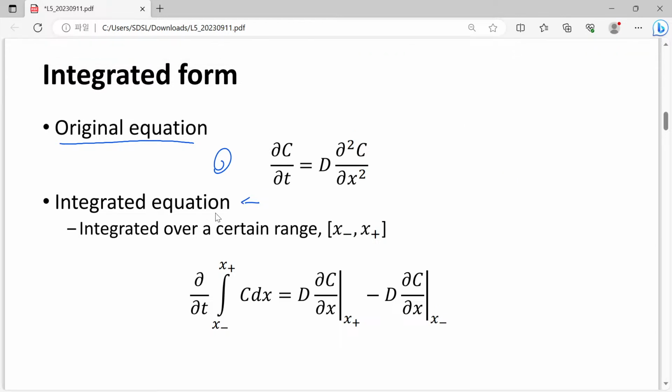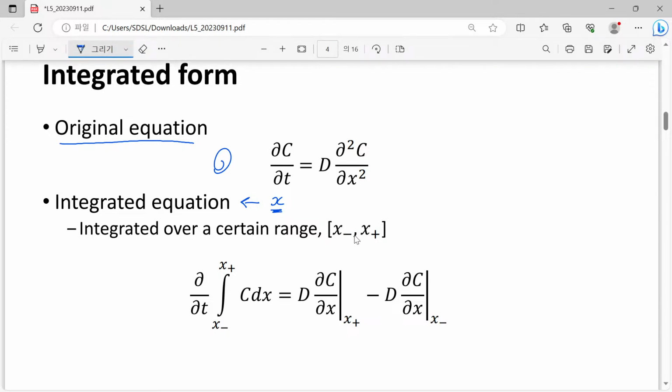So integration over the x value, or real space value, is required. Then let's try to integrate our equation, left hand side and right hand side, over a certain range starting from x minus, this is the lower bound, and x plus, this is the upper bound. Let me do it together with you.